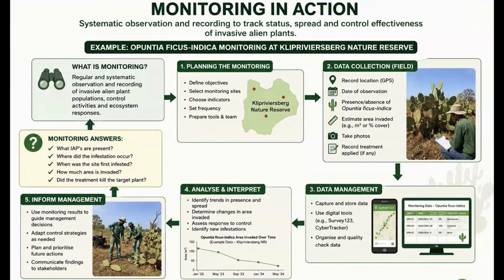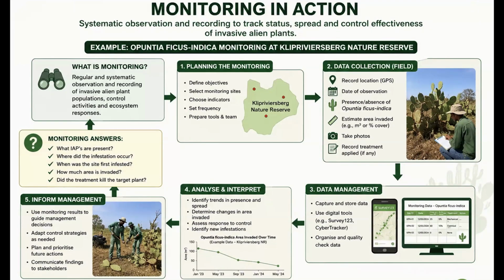You look at the presence or the density cover of the particular species. And where possible or practical, you'll also take a picture of the species. And this enables you to gather data that will assist you at a later stage to monitor what has happened in the site.